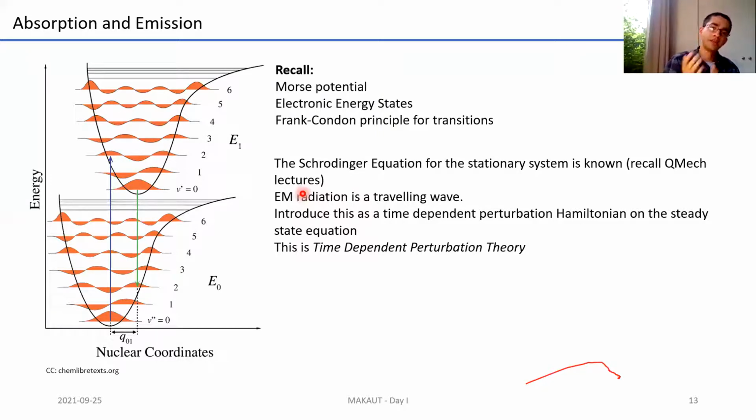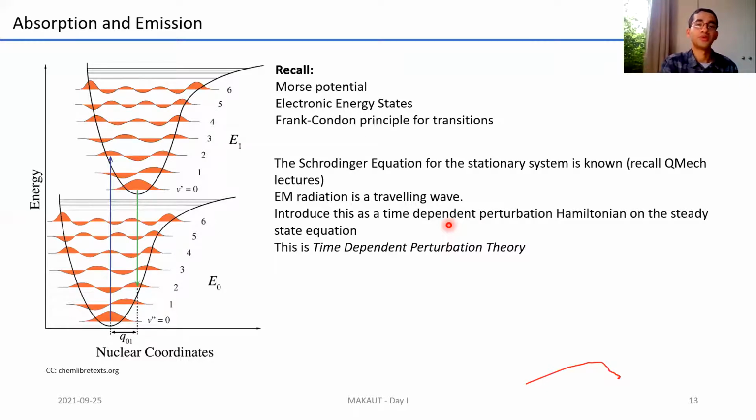The electromagnetic radiation is a traveling wave. You apply this electromagnetic radiation equation on the Hamiltonian of the system, and this is known as a perturbation. It is time dependent because, as you know, electromagnetic waves vary in time. That's the general physics of waves.